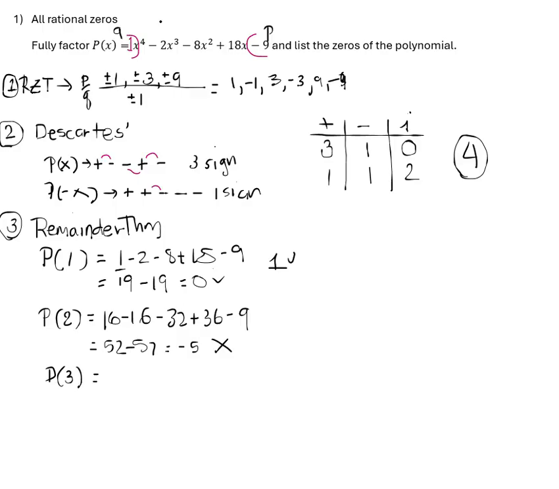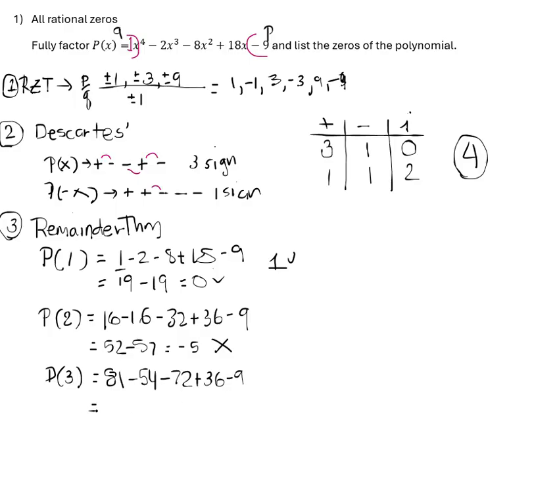And if I do P of 3, 3 to the 4th power is 3 times 3 times 3 times 3, or 9 times 9, that's 81, minus 2 times x to the 3rd, that's going to be a 54, x to the 3rd is 27, times 2 is 54, minus 8 times 9, that's going to be a 72, and then I've got plus 18 times 2, that's going to be a 36. Beautiful, minus 9.